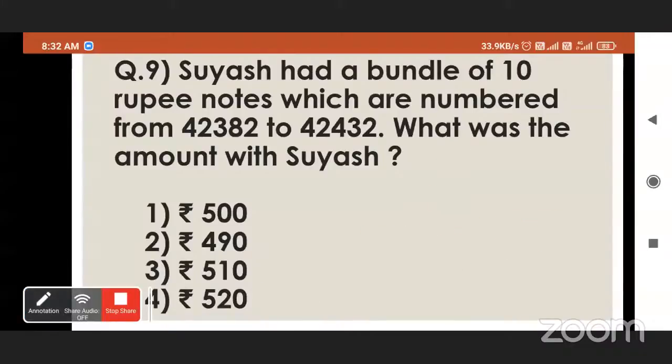Okay, now see here, this is given: the notes are numbered from 42,382 to 42,432.